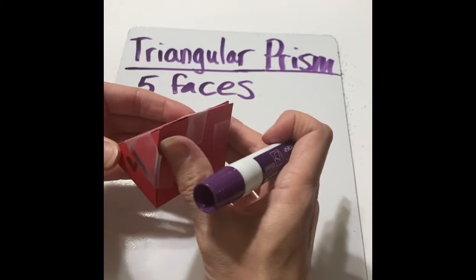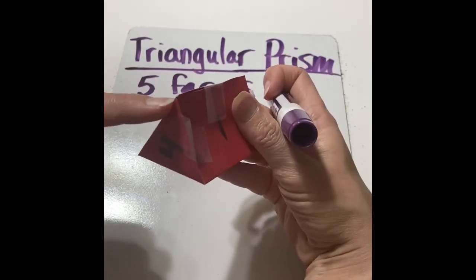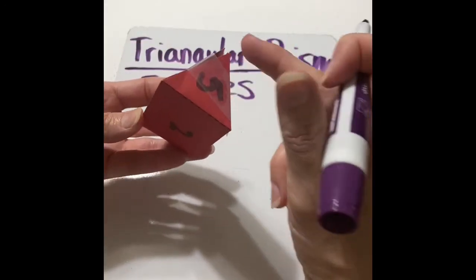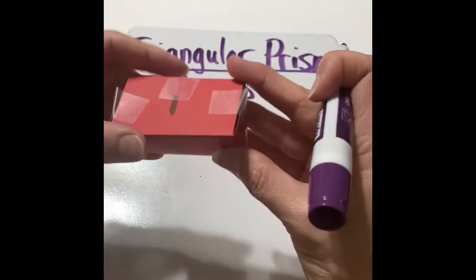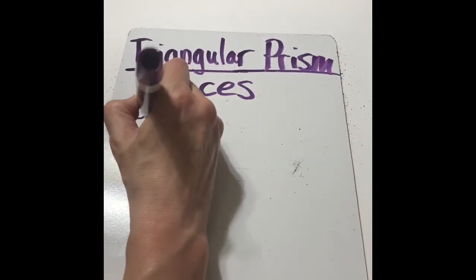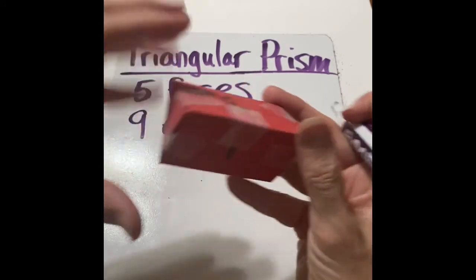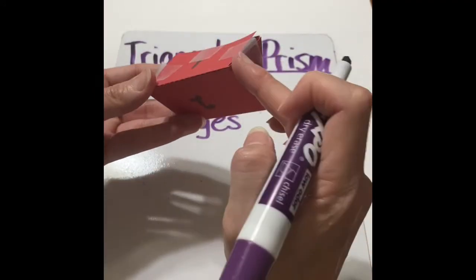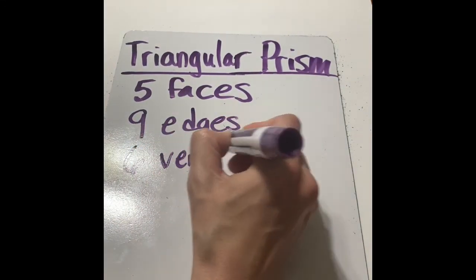The edges are where the faces come together. On this side, we have 1, 2, 3, 4, 5, and 6, and then 7, 8, and 9. So 9 edges. And vertices, we have 1, 2, 3, 4, 5, and 6. 6 vertices.